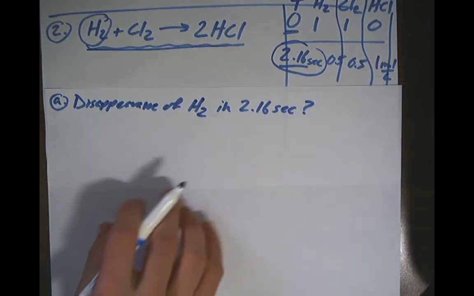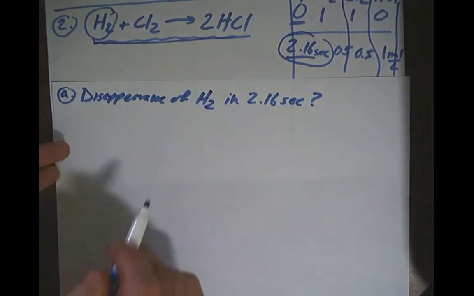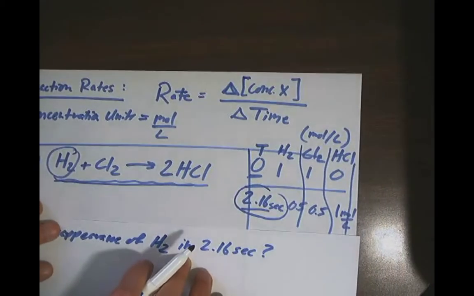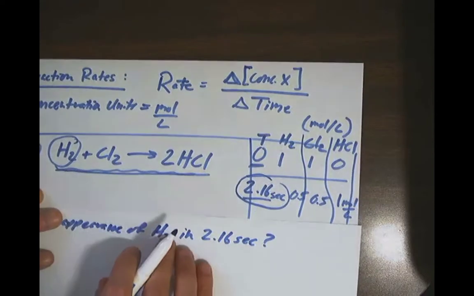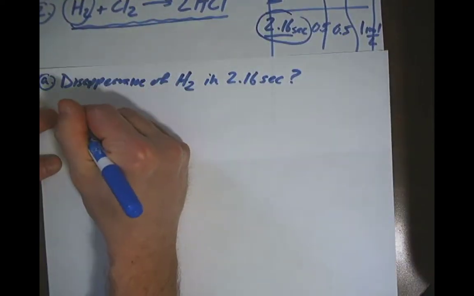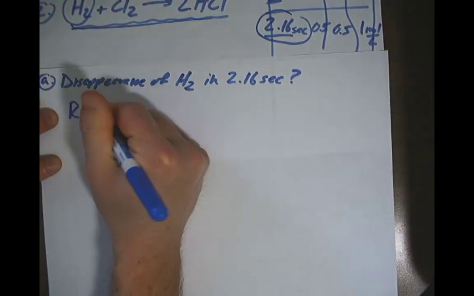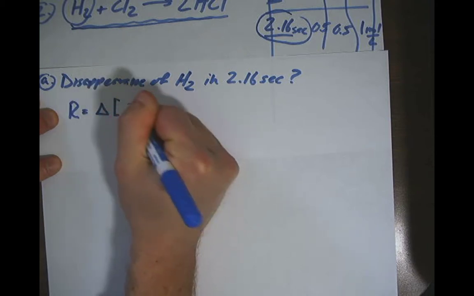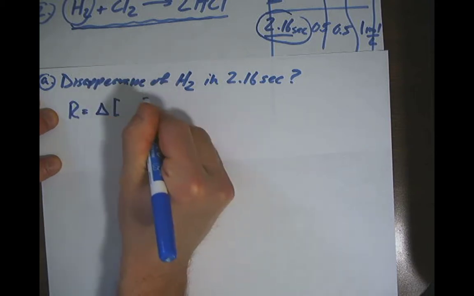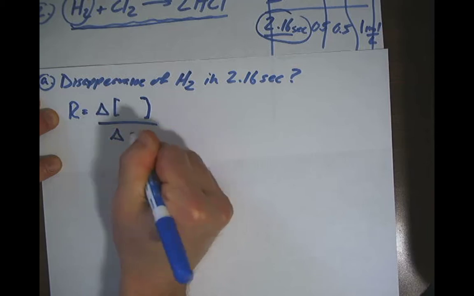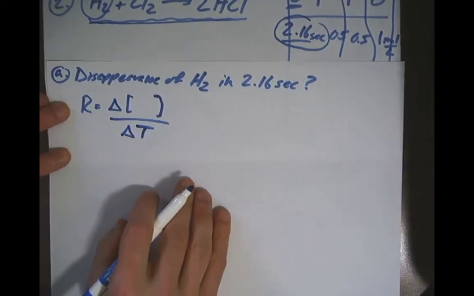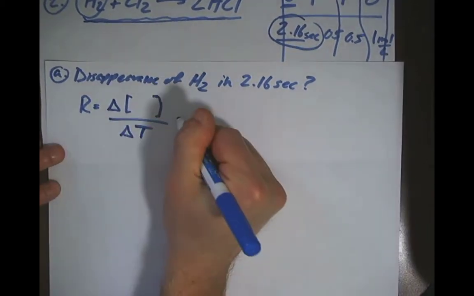Okay, so how would you find that? How would you figure that out? Well, we're going to go back to our rate equation, our reaction rate equation. And remember, rate equals change in concentration, those brackets, over change in time. All right.